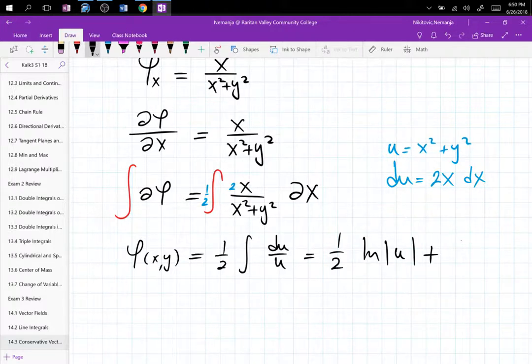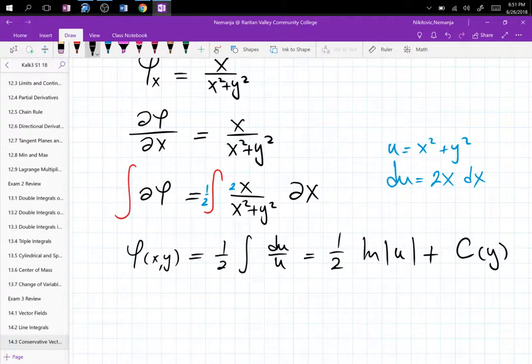plus, and here is the $1 million c of y. Why the c of y? Because we reversed the partial derivative with respect to x, which means that when you are taking partial derivative with respect to x, if there are any terms that are only a function of y, those terms would die.